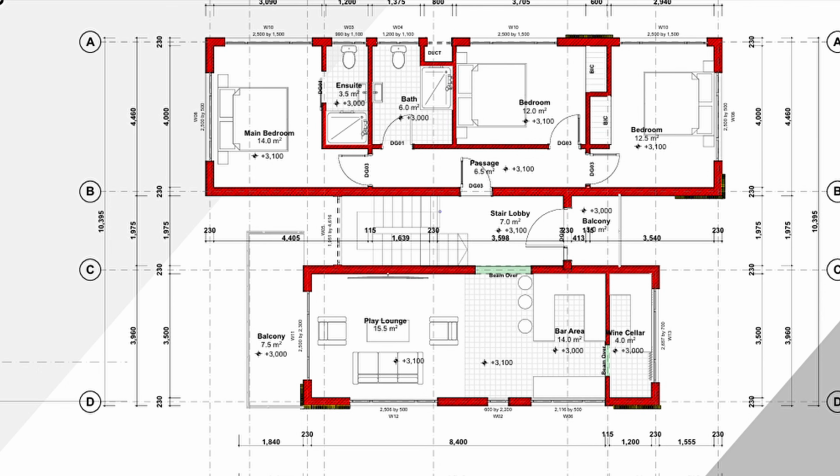And then on the other wing we have the master bedroom, the ensuite, and the other two bedrooms. In between there we have the stair lobby. Okay, so this is what the design looks like. Let us go through each and every stage.